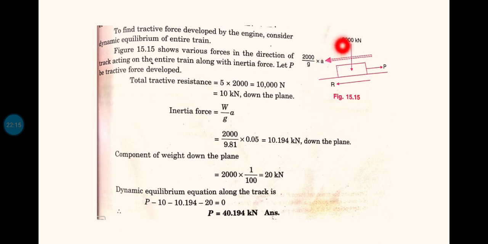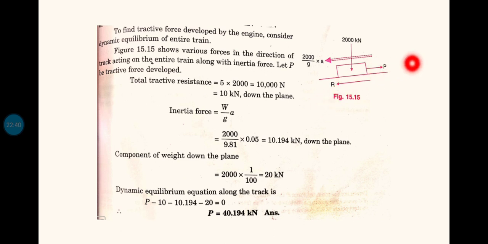As I have told earlier, instead of drawing the free body diagram of this one, we can individually draw the free body diagram of the engine. In that case, instead of this 2000 kilonewton weight, 500 kilonewton weight will be acting downward, and instead of this R, the R value will be 500 into 5 newton, which you can convert into kilonewton.